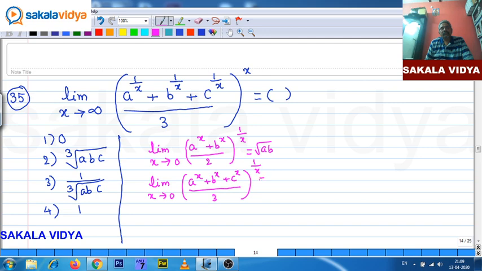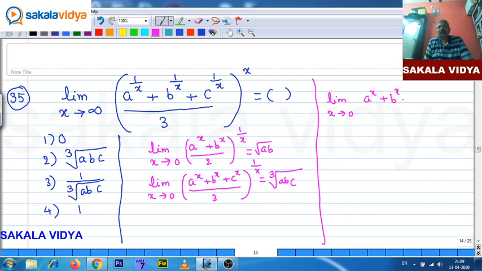Now you can expect the answer, cube root of abc. Okay, please note down. Limit x approaches 0 of ((a power x plus b power x plus c power x plus d power x) upon 4) whole to the power of 1 by x. Tell me what is the answer. Fourth root of a into b into c into d.